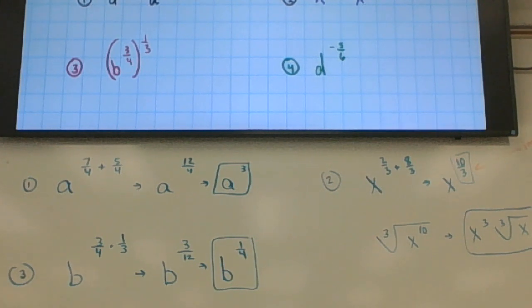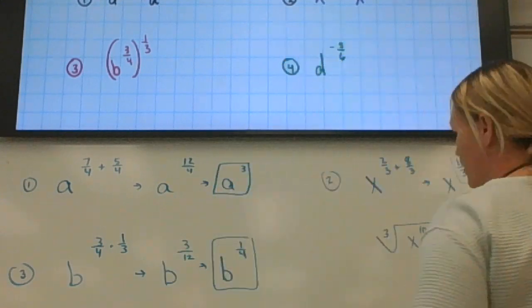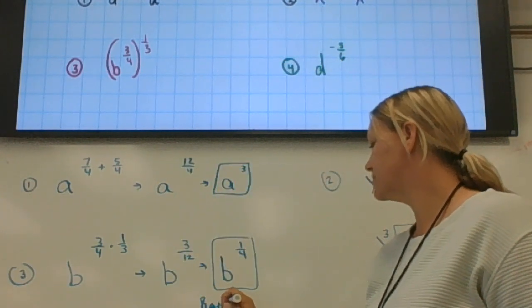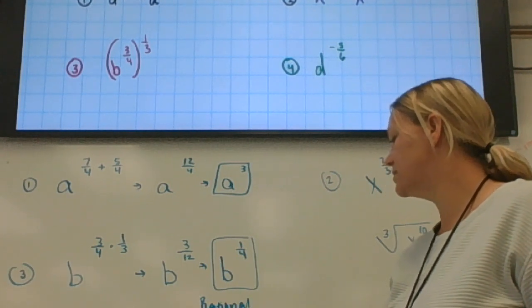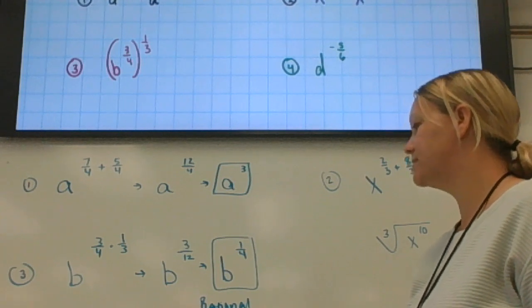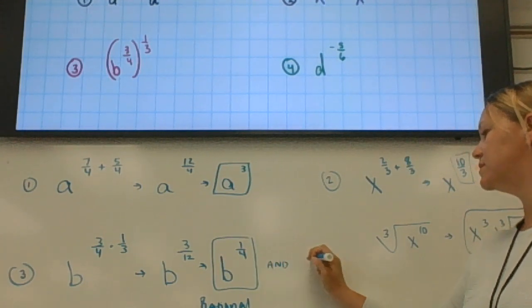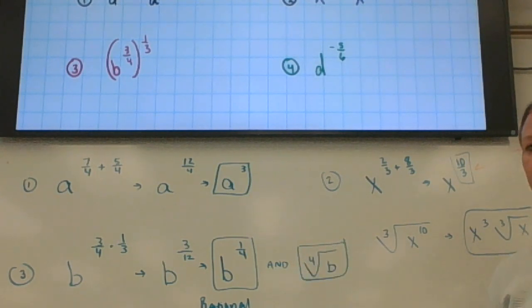Some directions say put your answer with rational exponent, which is what this is. Fraction exponents are called rational exponents. And sometimes it'll say leave it as a rational exponent and radical form. So this is also the 4th root of b. So you could show both.